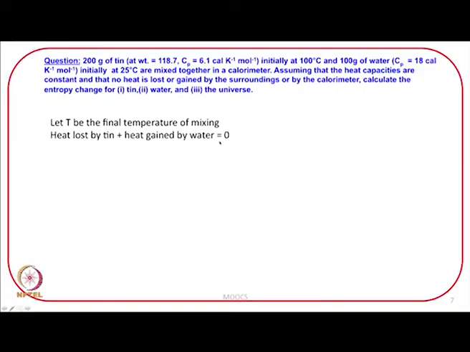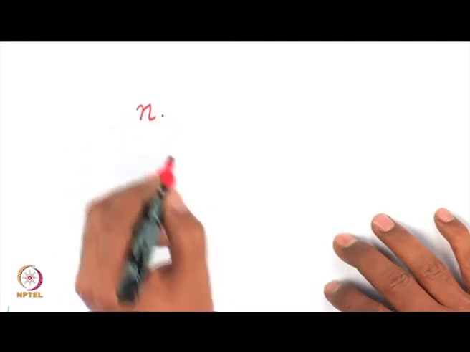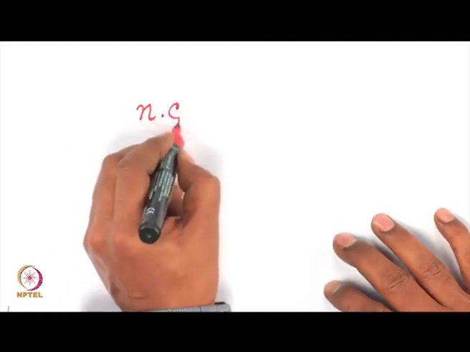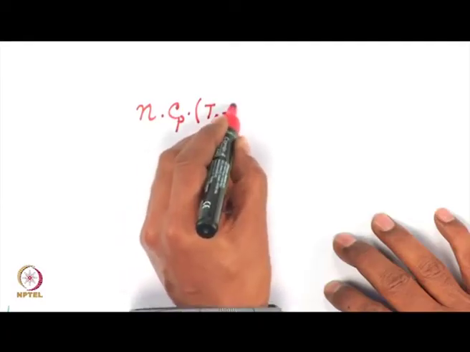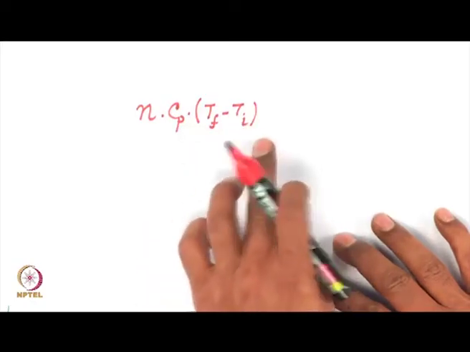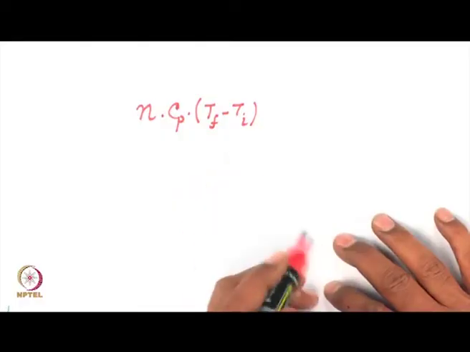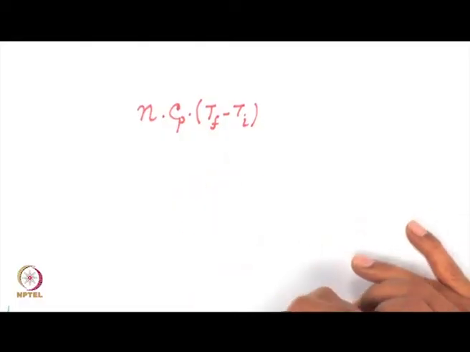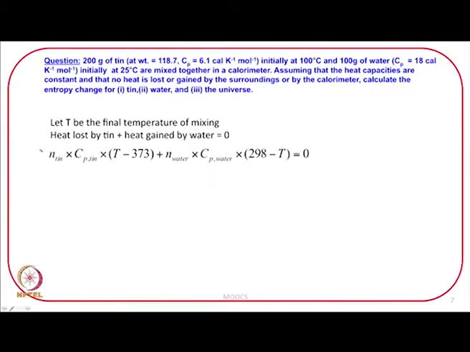And heat lost or heat gained can be calculated from number of moles into heat capacity into T final minus T initial. So, depending upon whether it is positive or negative, it will be either heat lost or heat gained.